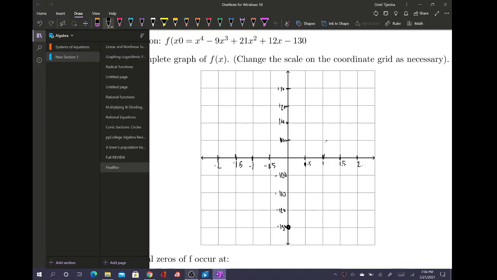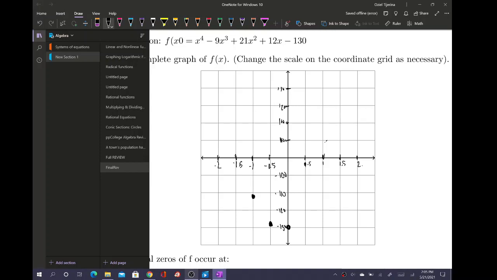Okay, so if you use a graphing calculator, when x equals negative 1.5, y equals negative 129.5, which is really close to negative 130. When x equals negative 1, y equals negative 111, so it'd be right here.